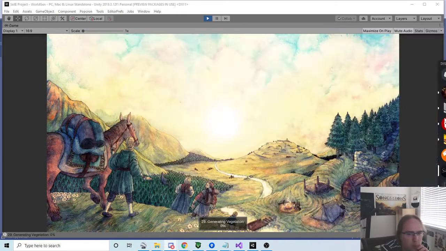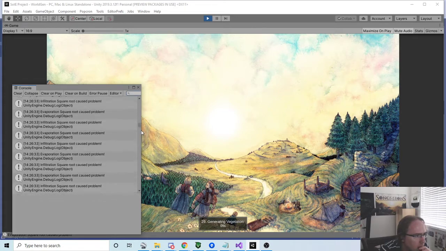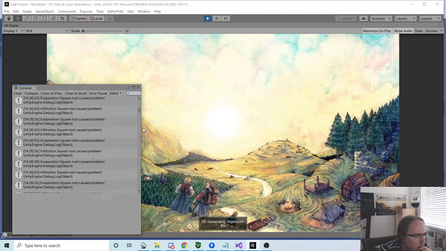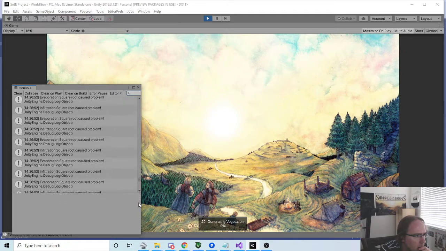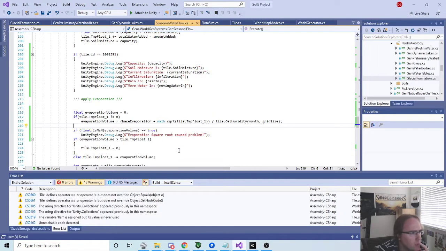Evaporation square root caused the problem again. I wonder how many instances. Okay. So I got something that we can test. Let's cheat.